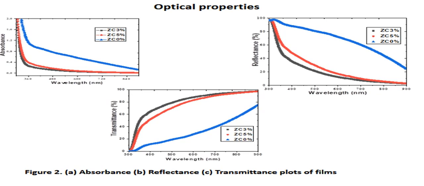Now let's look at the optical properties. We measured absorbance against wavelength. From here, you can see that the undoped sample has a higher absorbance compared to the other 2 that were doped. And we also see that as you go up in wavelength, the value of the absorbance falls.